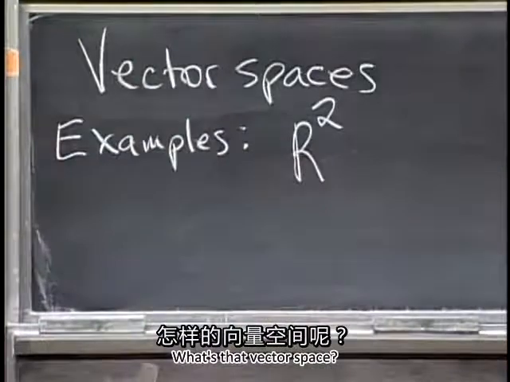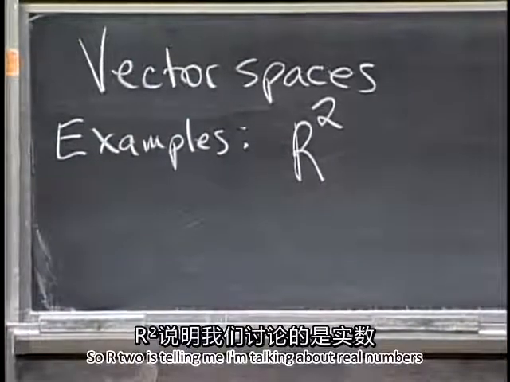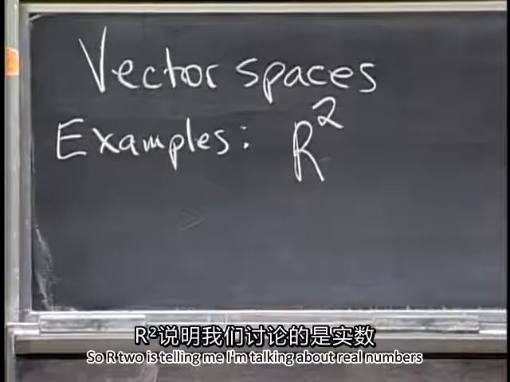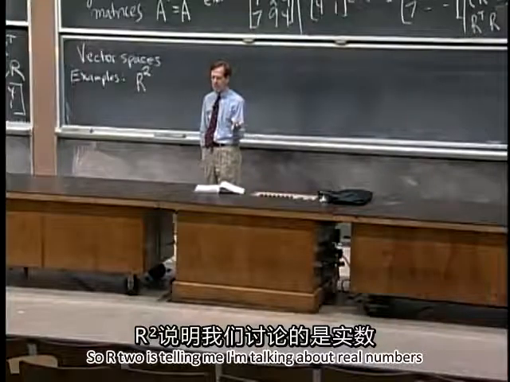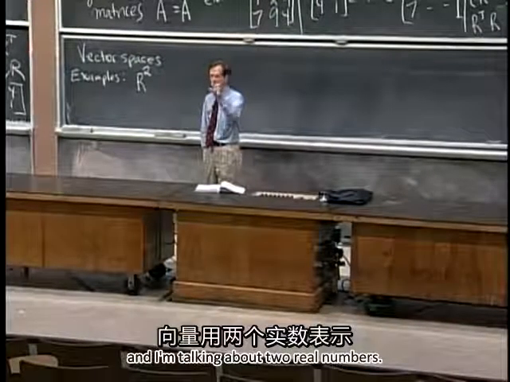What's that vector space? So R2 is telling me I'm talking about real numbers, and I'm talking about two real numbers.